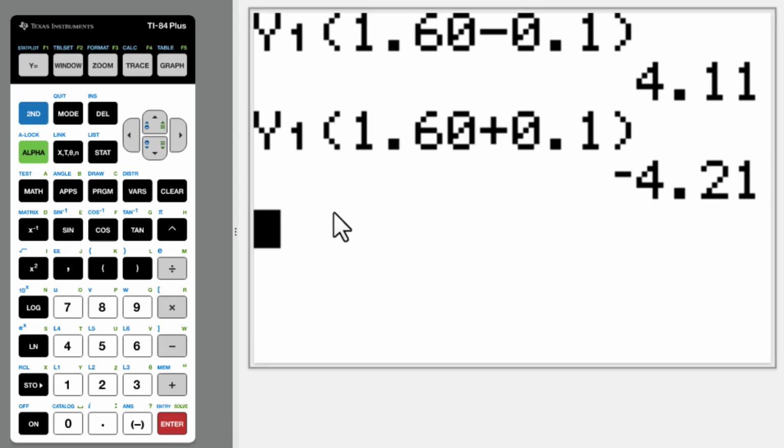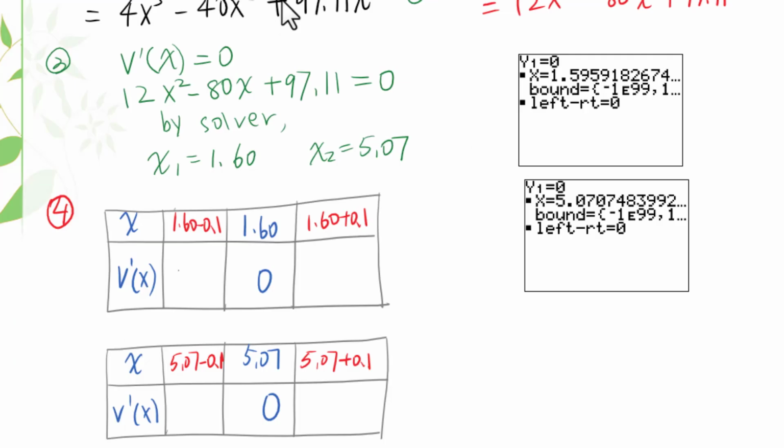Y1 for 1.60 plus 0.1 is negative. Positive or negative. We can sketch the graph like this. Increasing, then decreasing. So local maximum at x equals 1.60.